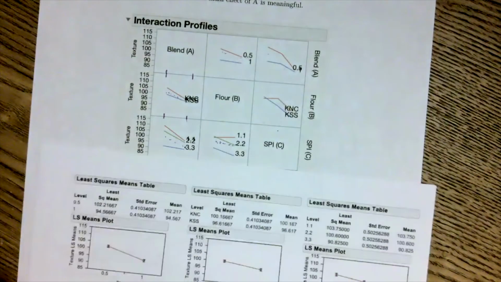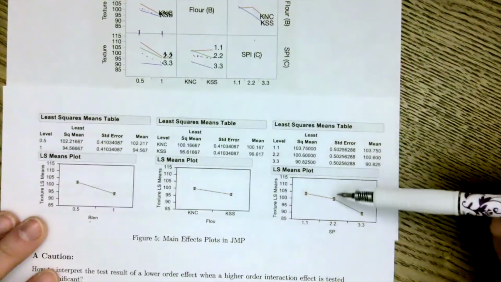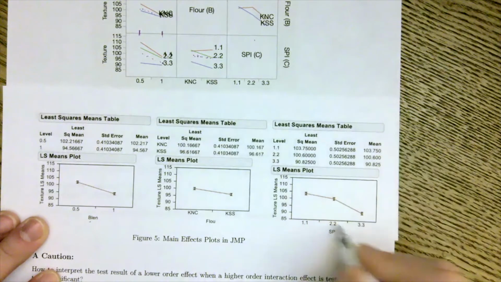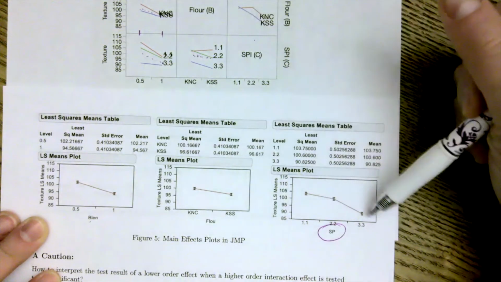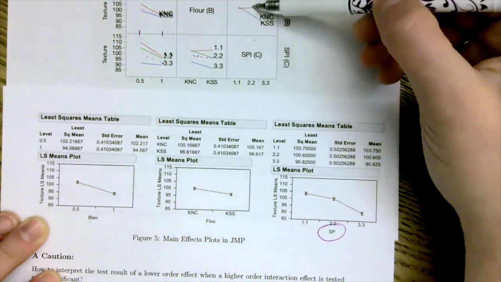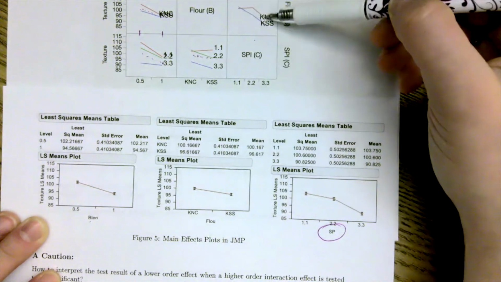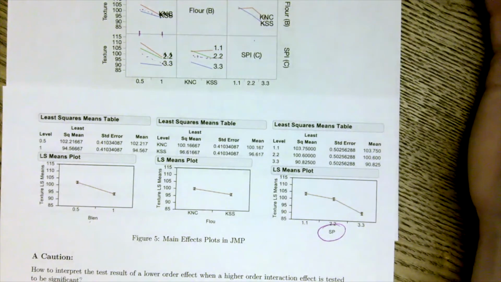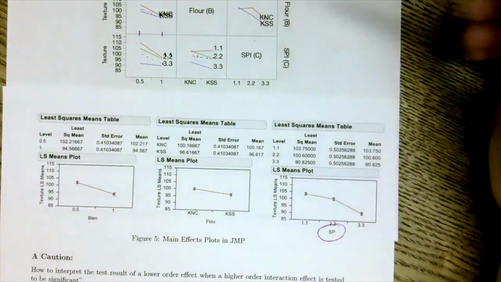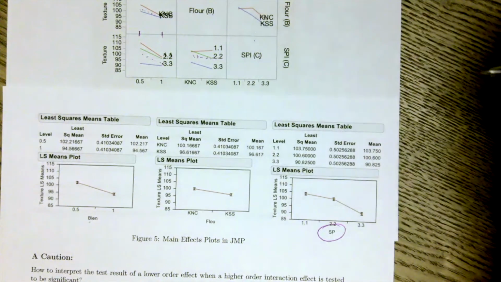So what I mean by that is right here we have the main effect for our SP. And if we were to come up here, this trend might not hold true for our red line. And so we just have to add the disclaimer that, yes, while we're saying that there is a difference, that difference might not hold based on the level you're at.